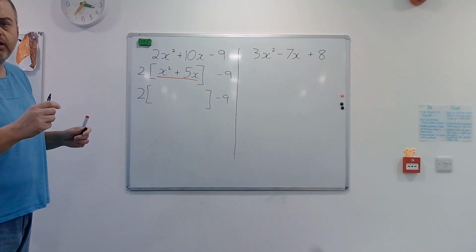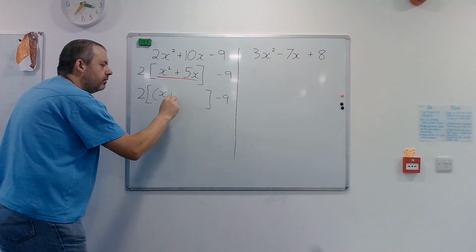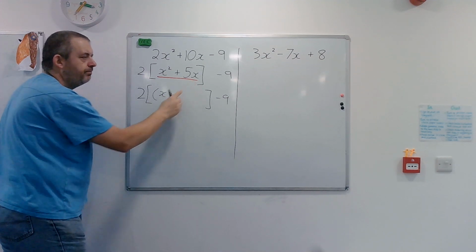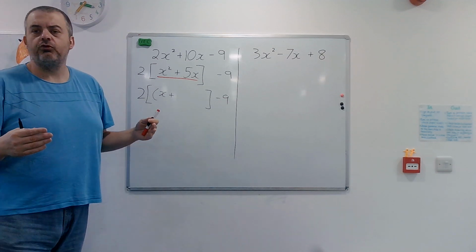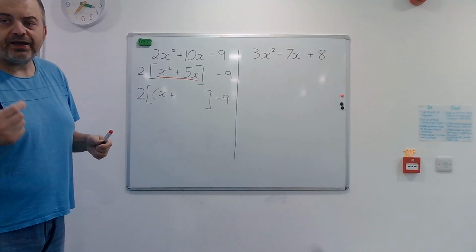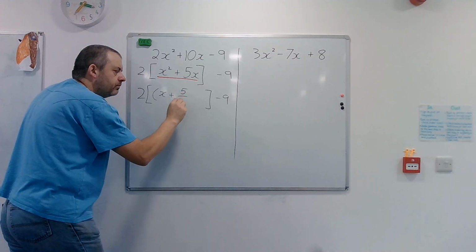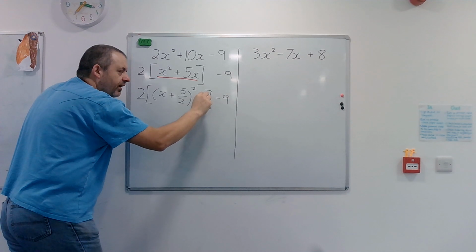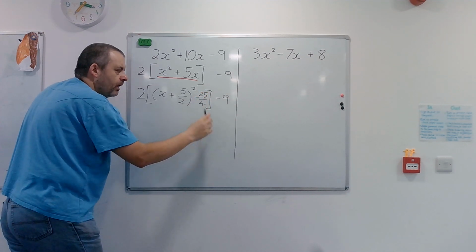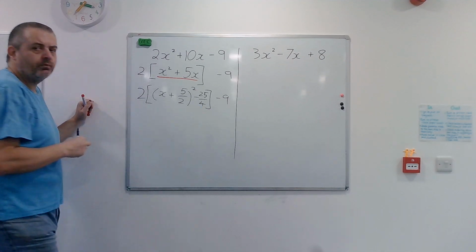Stick with the technique that works from the last video. Halve the number next to x. If you're on a calculator paper, fractions or decimals, whatever you fancy. But definitely without a calculator, halving and squaring and taking away, simply square the top and square the bottom.